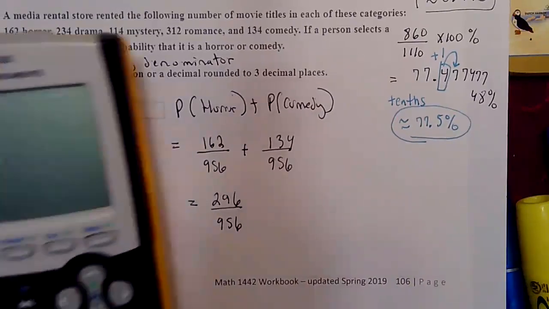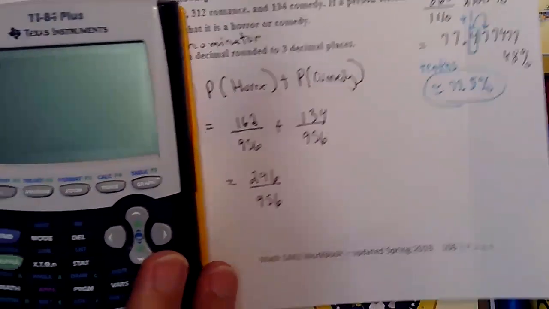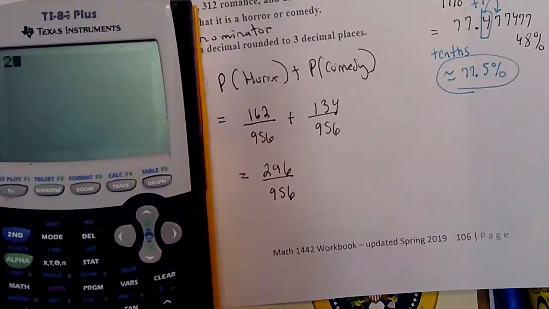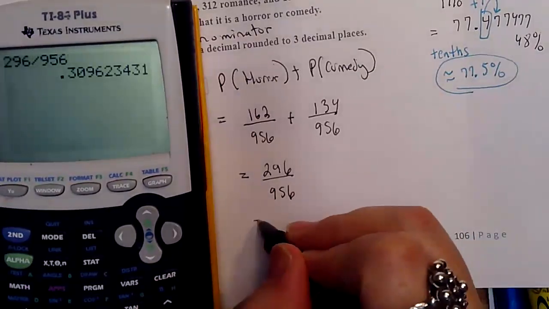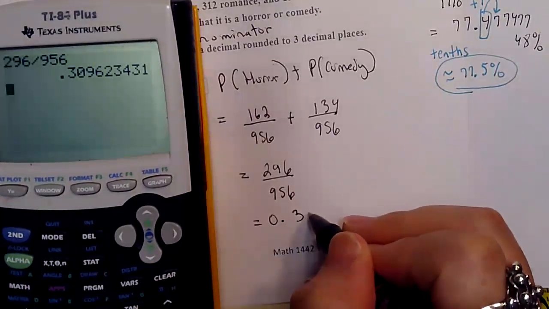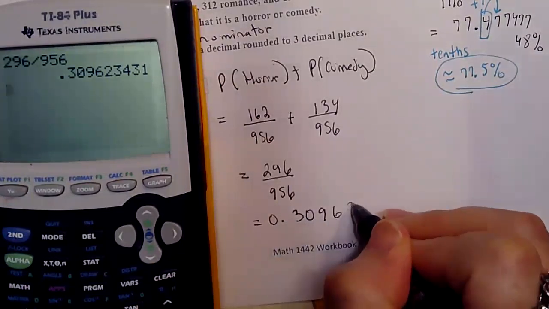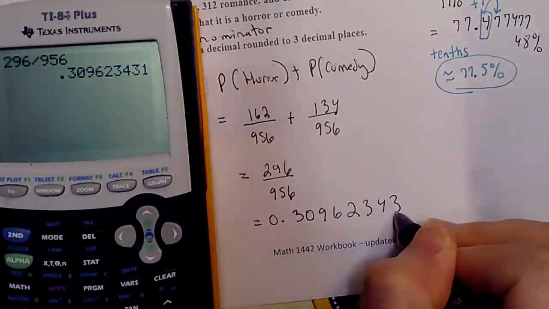And the decimal equivalency would be 296 divided by 956. Here's your decimal equivalency: 0.3096234431.